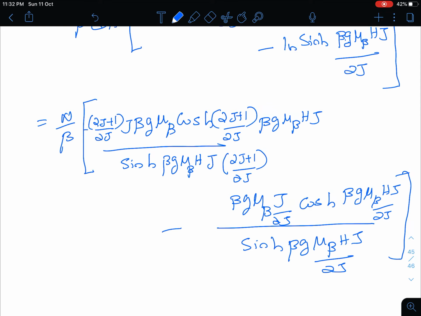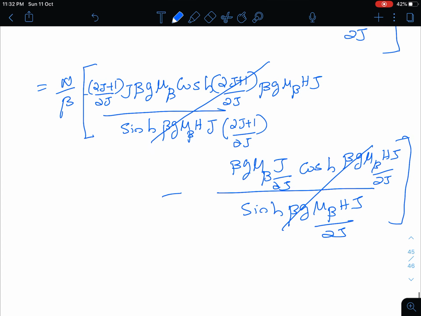Now we have to check what the form is. Actually, you have a coth function here. This becomes coth. There is coth, but coth alone is not enough. You have a very familiar function which is usually called the Brillouin function. We have to check what the Brillouin function is.